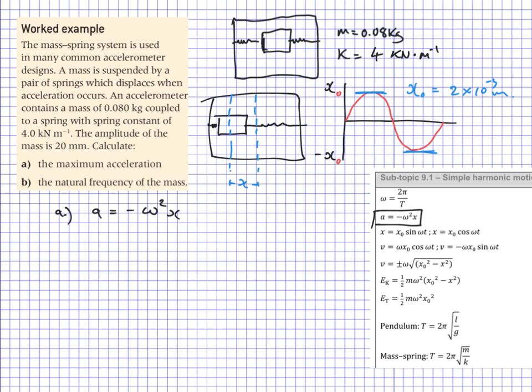What I'm saying in this situation, though, is that the maximum acceleration is going to be at the point of maximum displacement. So I could just as easily write this as a naught is equal to negative omega squared x naught, okay, because they are equivalent to each other.